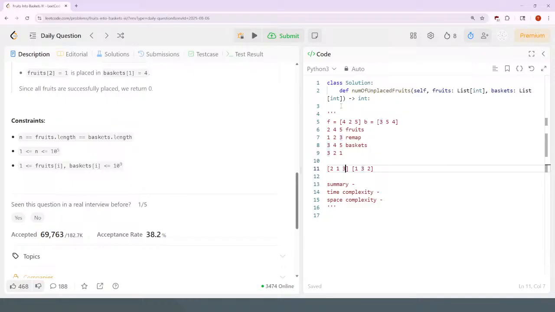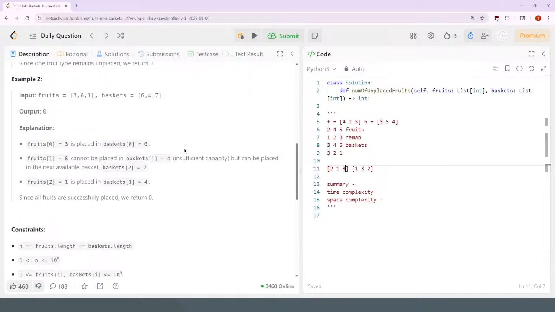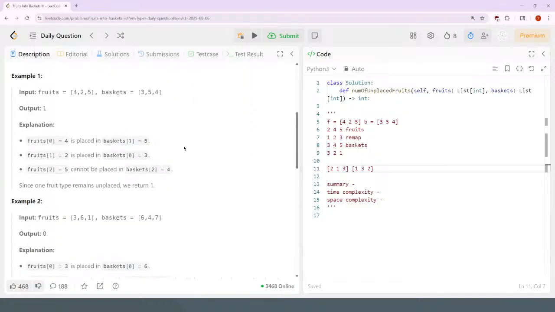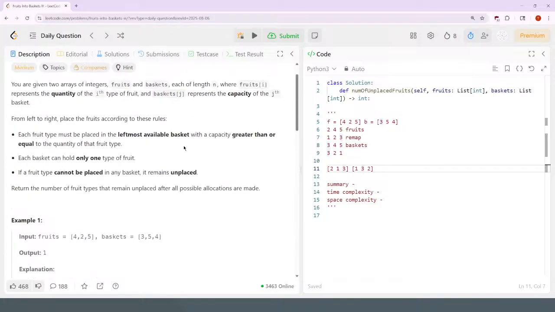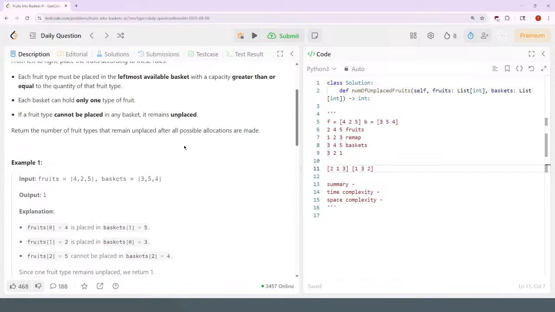It's just an extra bit of complexity that doesn't necessarily improve any sort of algorithm allocation method. 4, 2, 5.